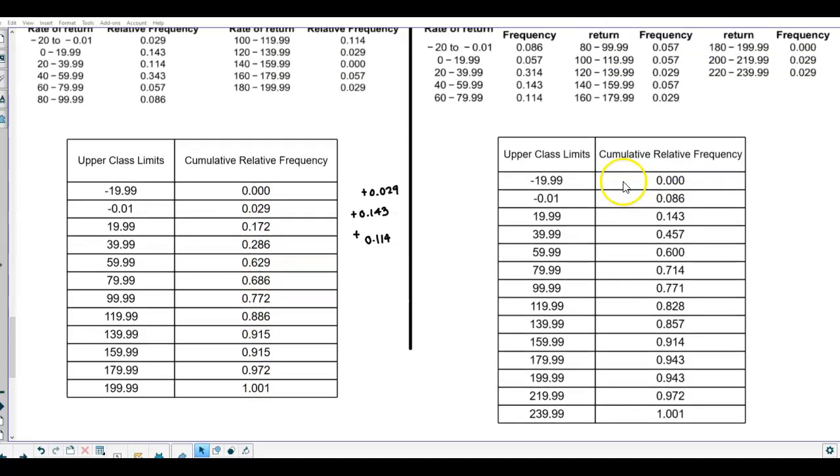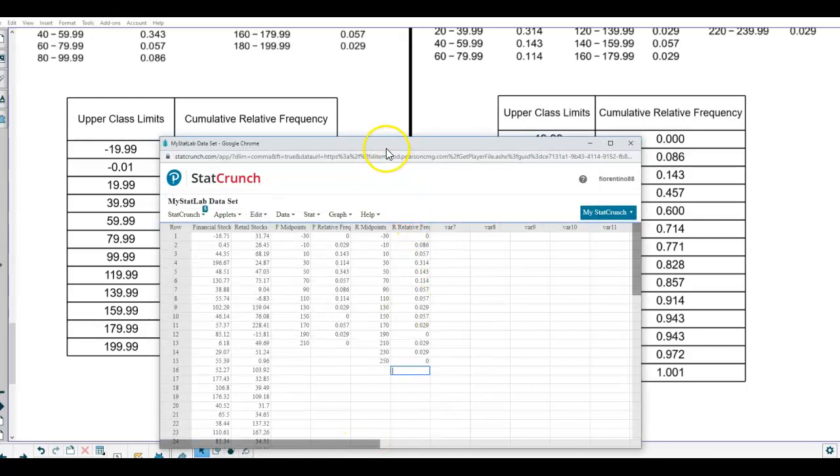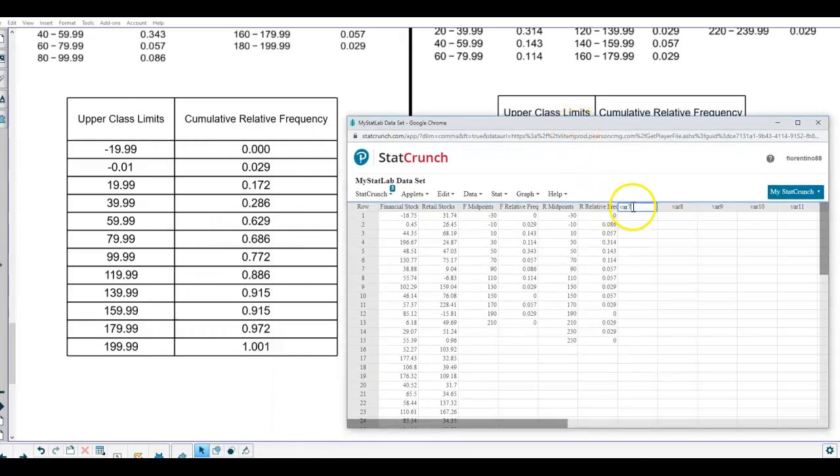Same thing over here for the retail stocks. We have our upper class limits, and then our cumulative relative frequency goes to 1.001. Okay, so now we're going to go ahead and enter our data into StatCrunch. We're going to put in our F upper class limits, and then we have our F cumulative relative frequency.